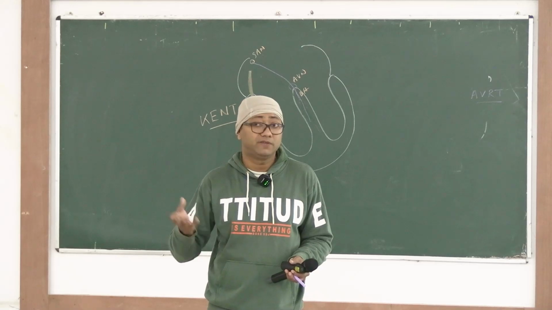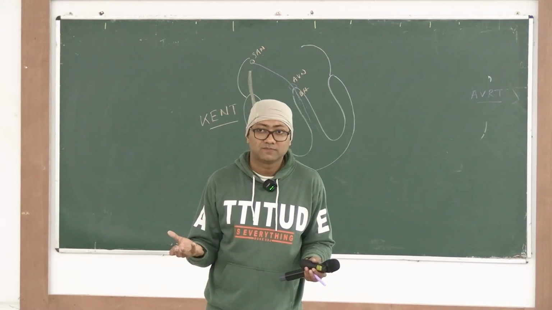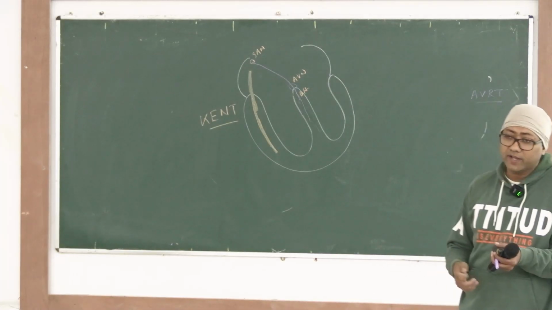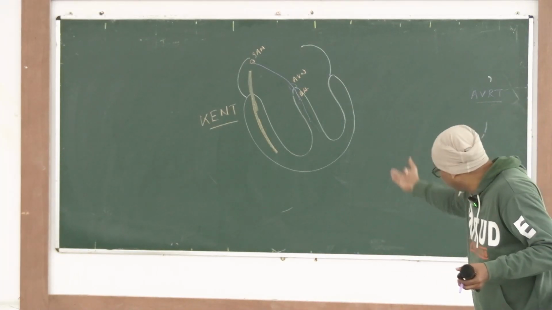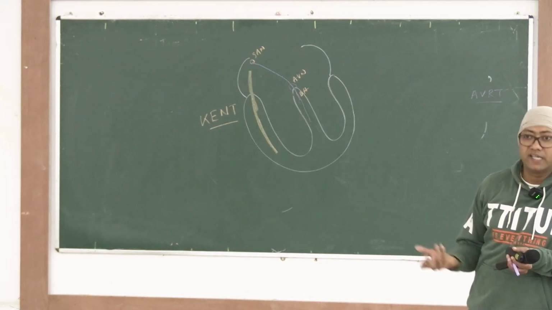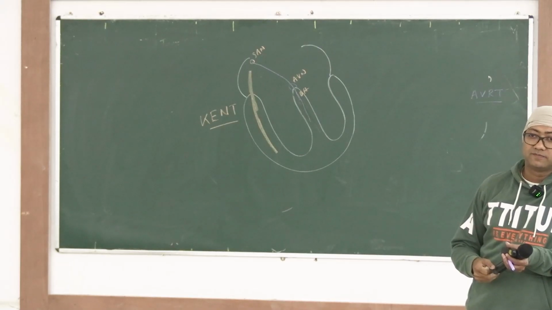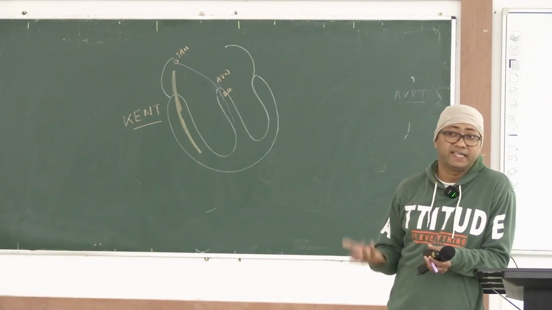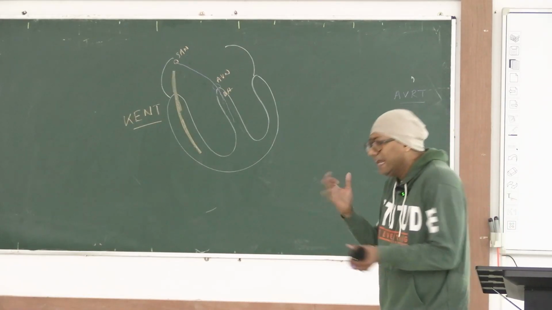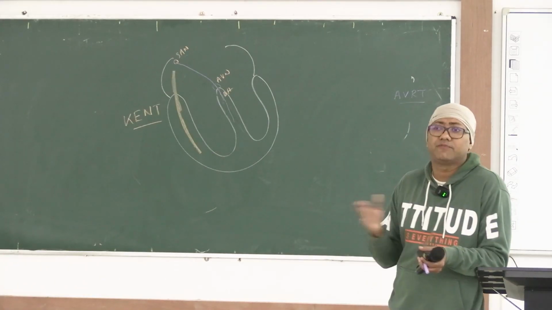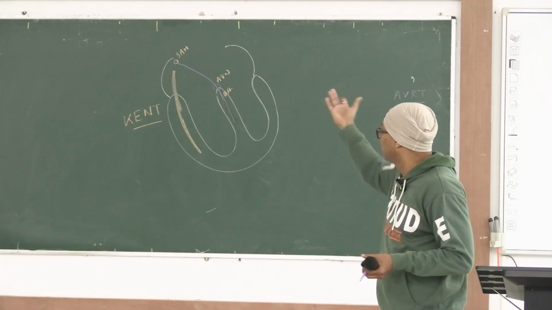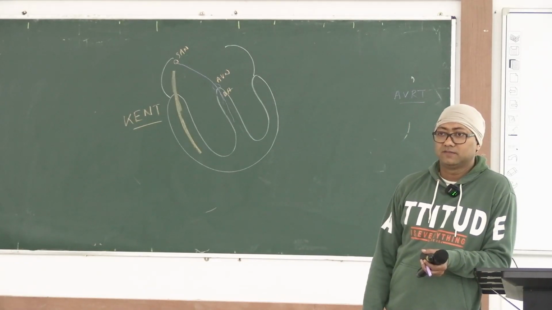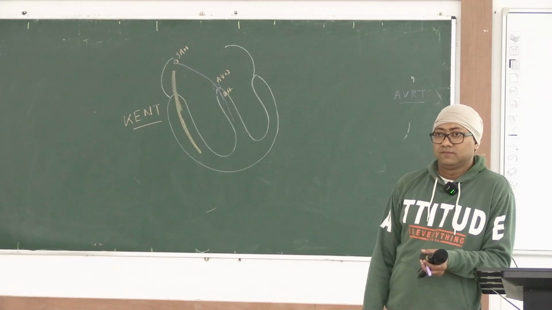But it will take time while checking. But in the Kent path, there is no checking. So any action potential, irrespective of its quality, can travel from atria to ventricle without any delay, right.